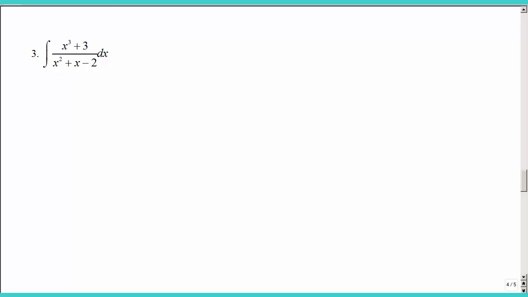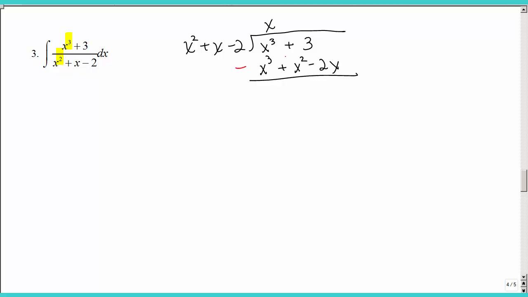Okay, so let's look at number 3. What do we have to notice? We need to notice that that degree is higher than that degree, so we have to use long division first. And so I'm going to divide. That's going to be x cubed plus x squared minus 2x. I need to subtract those.